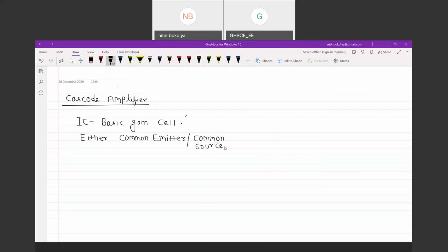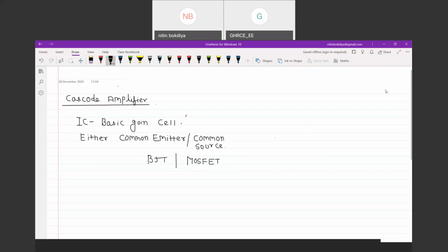In the case of BJT, the common emitter is the basic gain cell, so the first one is true. For the MOSFET, the second, common source, is true.